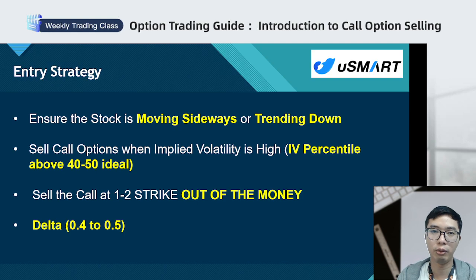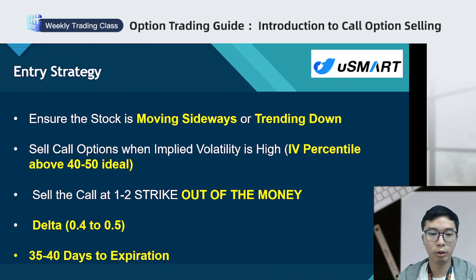And the delta I will choose around 0.4 to 0.5, not too extreme. And I will choose maybe around 1 month before the expiry date. For this delta and expiration date, it really depends on your strategy, what you want. I just give a guideline for you all.